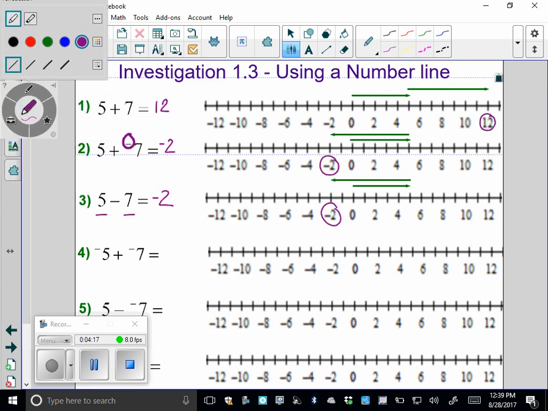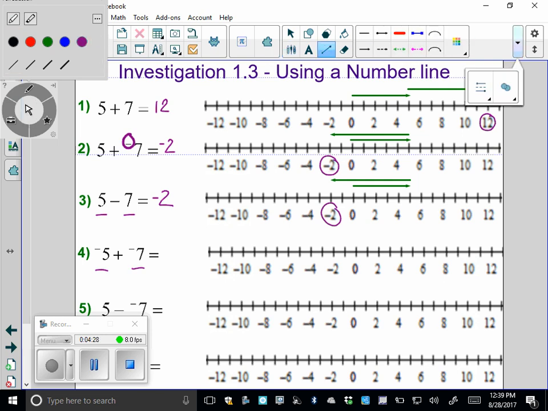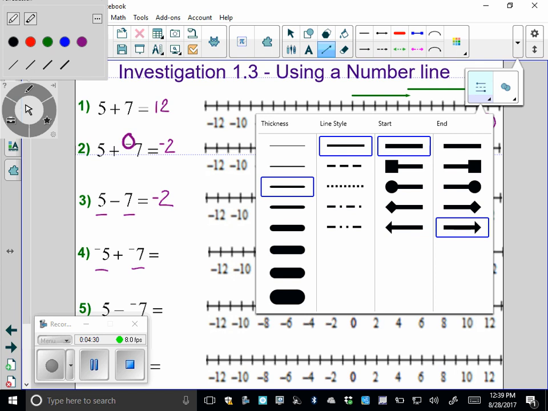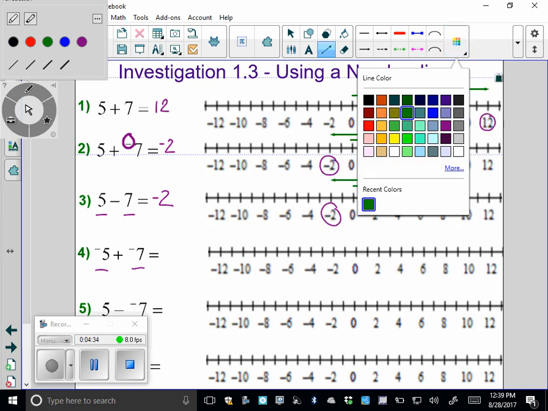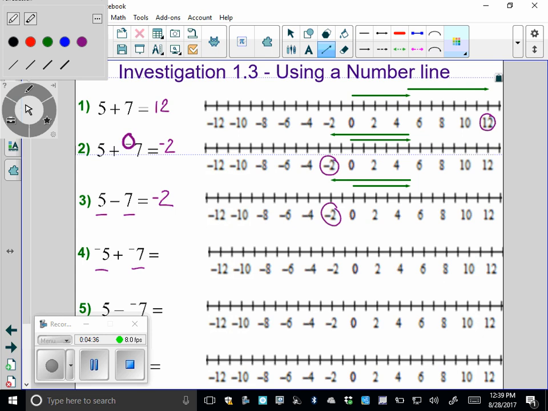So when I look at problem 4, I have -5, so that's different, and I'm adding -7. So I'm going to start at 0, and I'm going to go to -5. And I have to add -7.